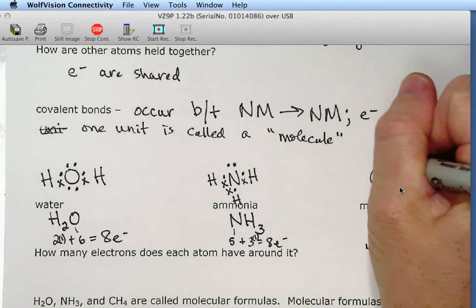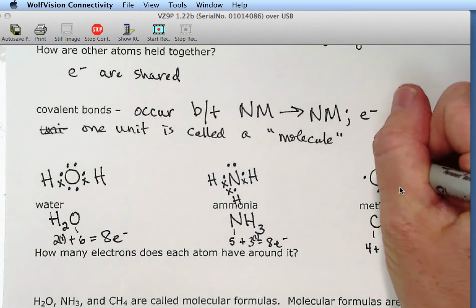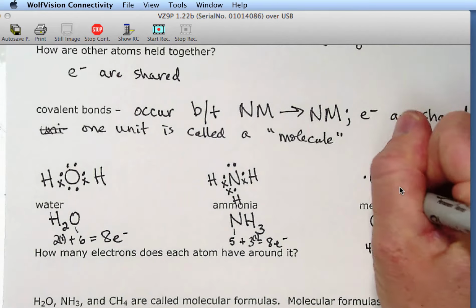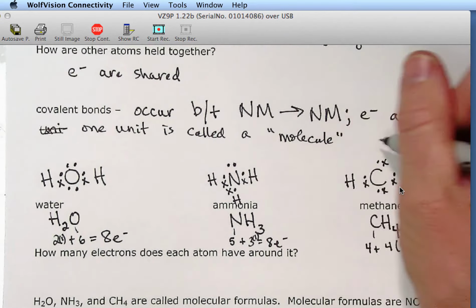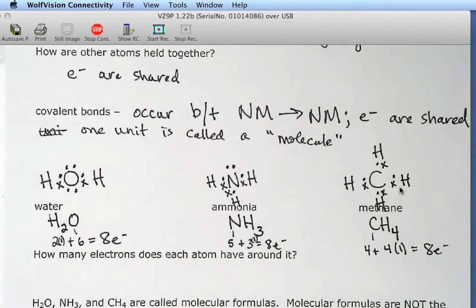Okay, good. So carbon has 4 valence electrons. Hydrogens will complete carbon's octet. So carbon likes to have 4 bonds to it, so that way you can get an octet.